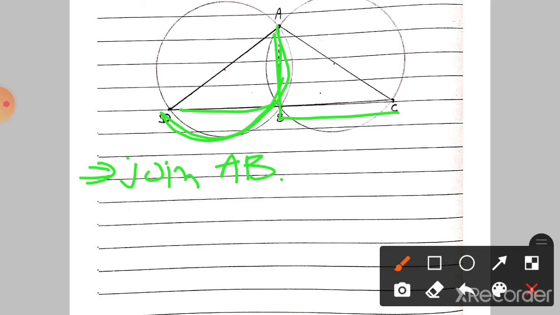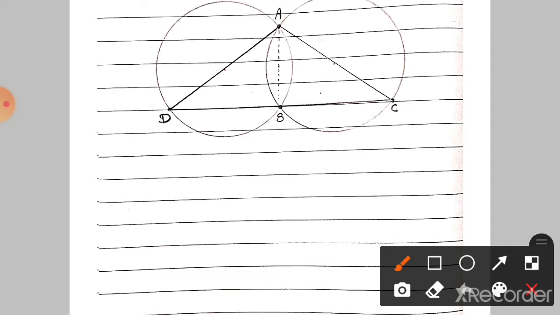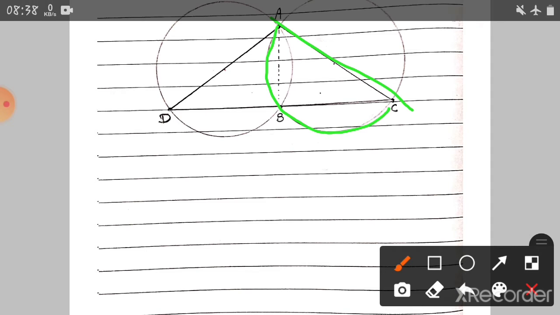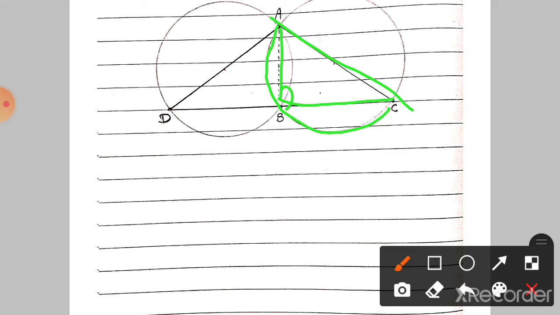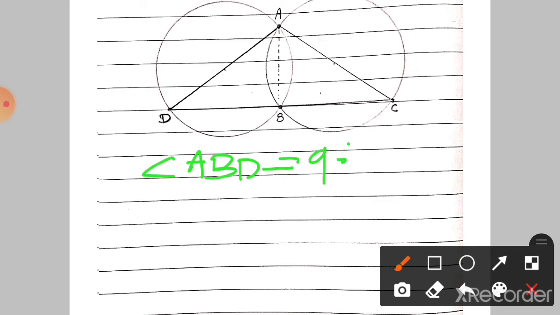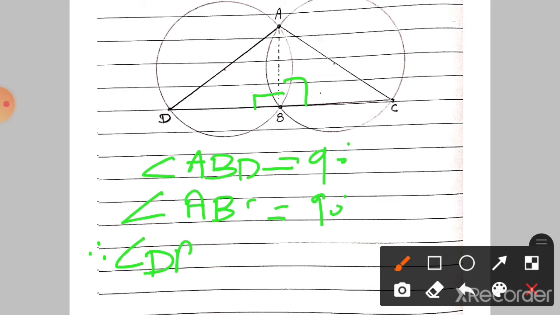Look here, this is a semicircle, so in a semicircle the angle is 90 degrees. In the same way, this is your semicircle and this angle will be 90 degrees. So angle ABD is equal to 90 degrees, angle ABC is equal to 90 degrees. Add both angles, 90 plus 90. Therefore angle DBC is equal to 180 degrees.